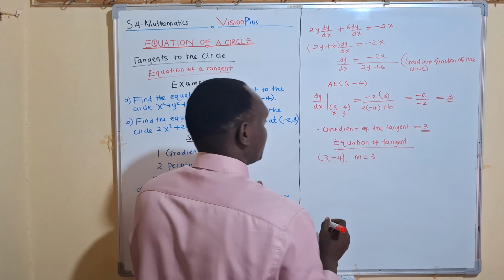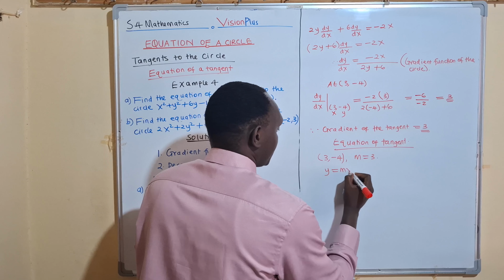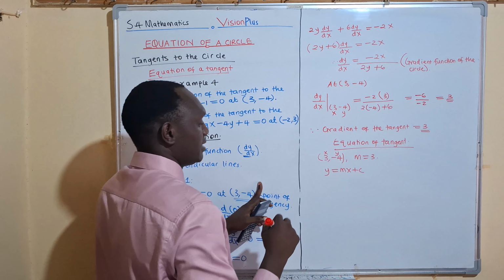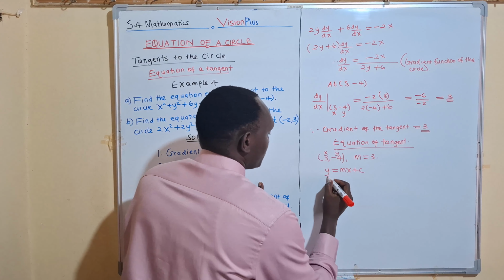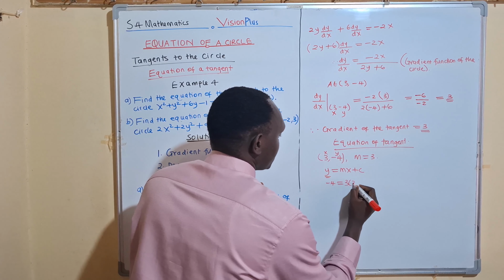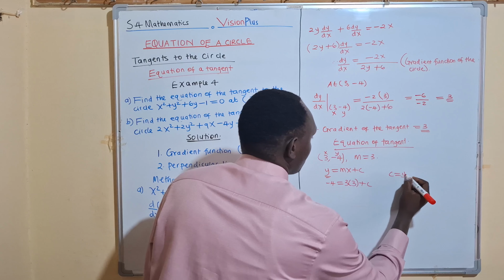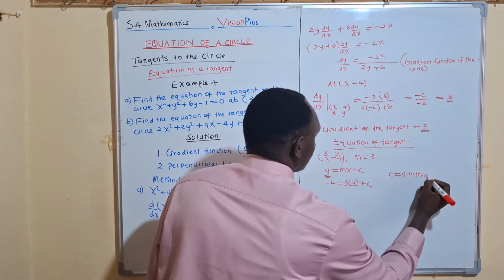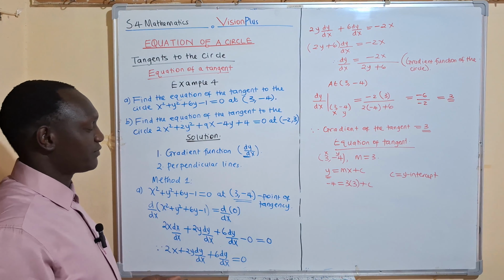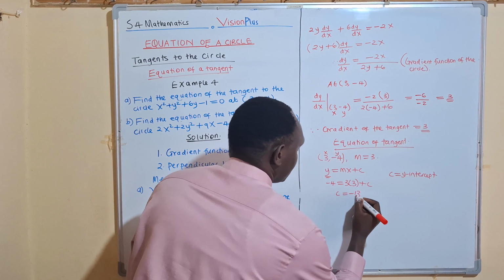The tangent is a line given by y equals mx plus c. We substitute: negative 4 equals 3 times 3 plus c, so that we find c, the y-intercept, the point on the y-axis where the tangent meets it. Because 3 times 3 is 9, negative 4 minus 9 gives c equals negative 13.